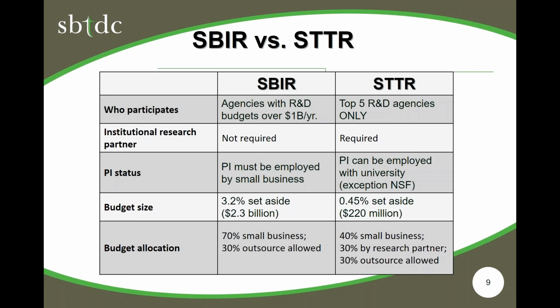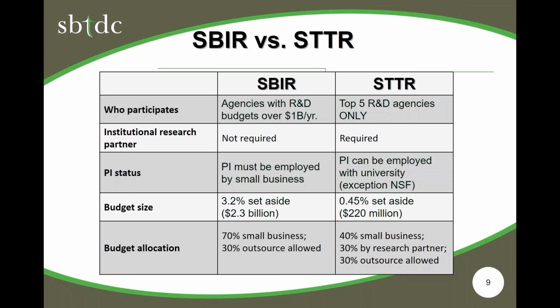An institutional research partner, meaning a university in most cases, is not required to participate or collaborate with a small business in an SBIR. But in an STTR, a small business must have a research partnership with a university. Okay, university and small business collaboration is required there.